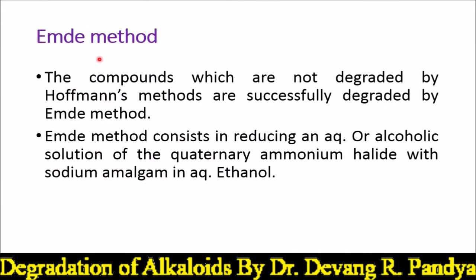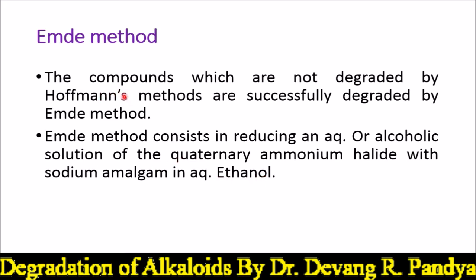So we have an option. If we cannot perform the Hofmann exhaustive methylation process, we go for the Emde method. The compounds which are not degraded by Hofmann's exhaustive methylation process are successfully degraded by the Emde method, which consists in reducing an aqueous or alcoholic solution of the quaternary ammonium halide with sodium amalgam in aqueous ethanol.